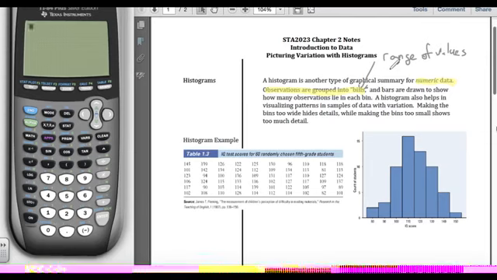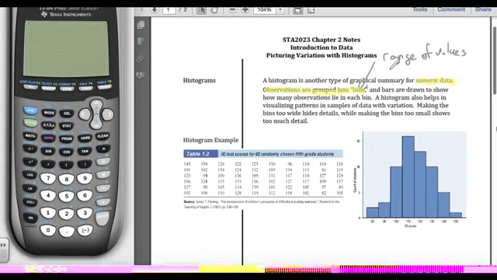So we don't want to look at just the individual data points, but group them together in a range of values. If you're looking at the prices of new cars, you might look at cars that cost $10,000 to $20,000, $20,000 to $30,000, $30,000 to $40,000, and $40,000 to $50,000. Those would be my bins.